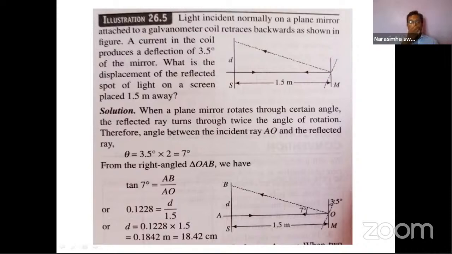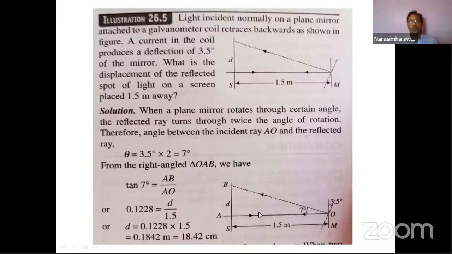Therefore, the angle between the incident ray AO and the reflected ray is given as 7 degrees.